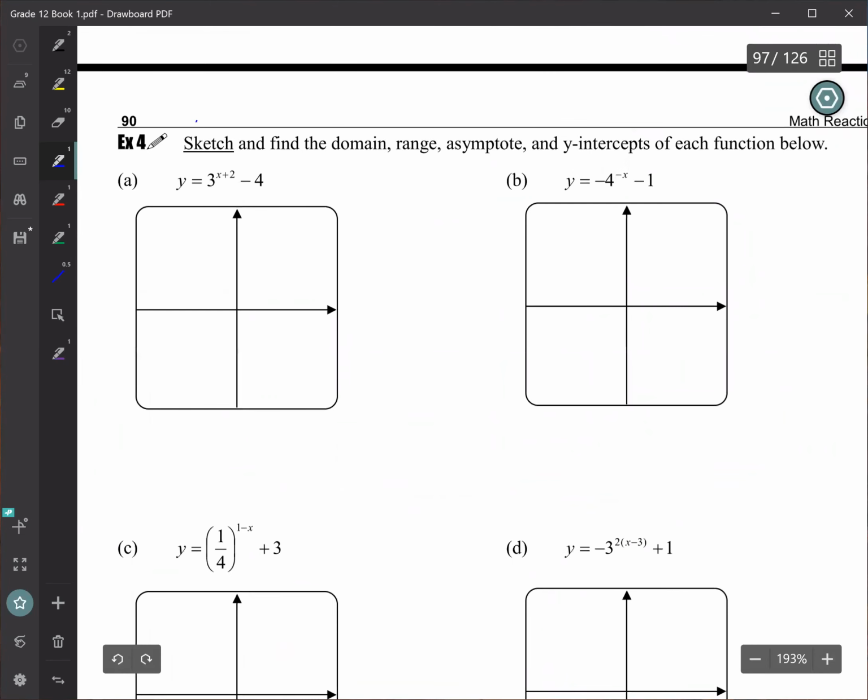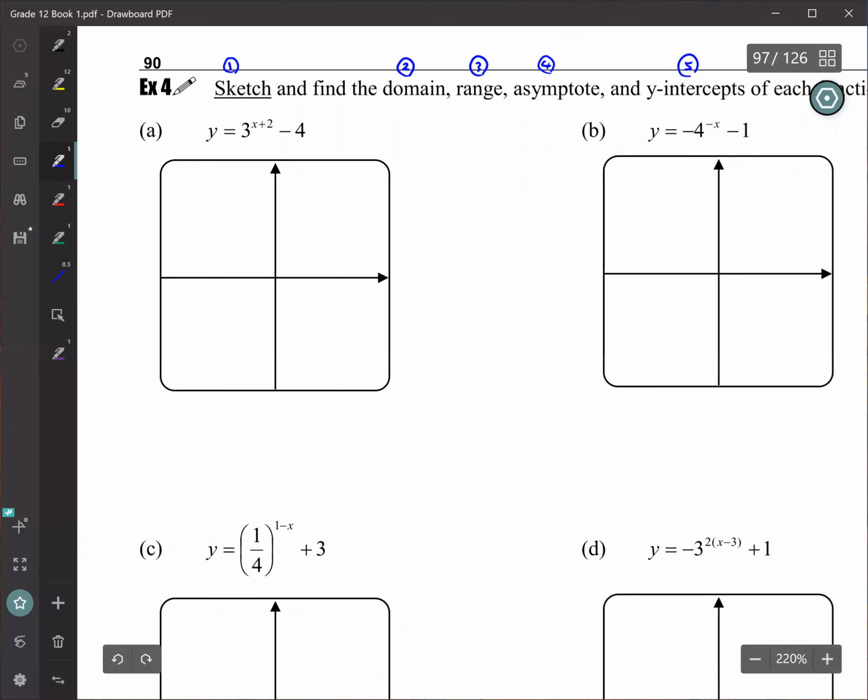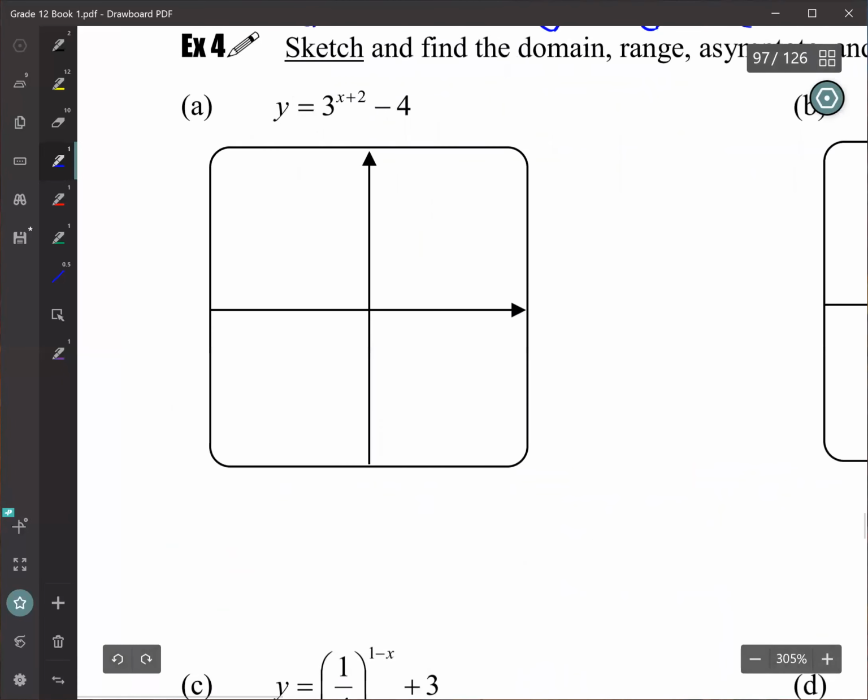First thing, you want to draw the sketch. Second thing, using the sketch, we want to answer the domain, range, asymptote, x-intercept and y-intercept, right? So a total of 5 things to write out.